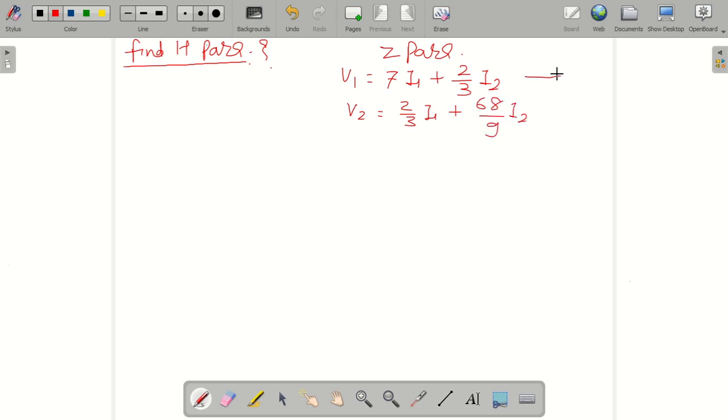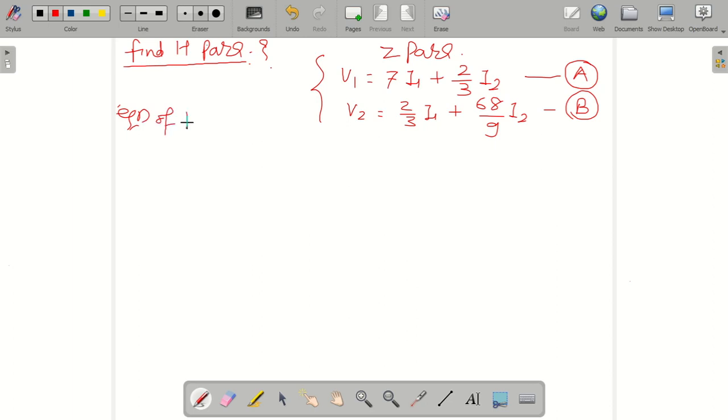I got equation number A and B. Please be careful about it. We got these two equations in the last slide. Okay, V1 in terms of I1 I2, V2 in terms of I1 I2. I got 7 ohm, 2 by 3, 2 by 3, and Z22 is 68 by 9. So these are the equations A and B. We got it right. Now the equation of H parameter.